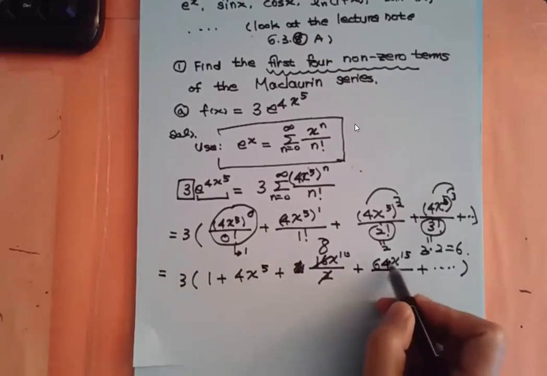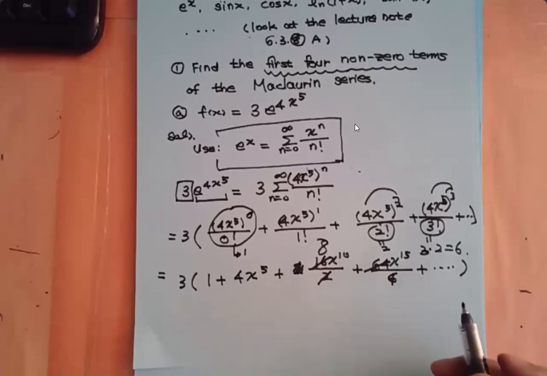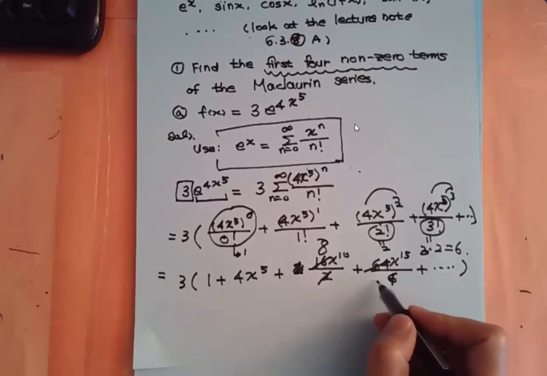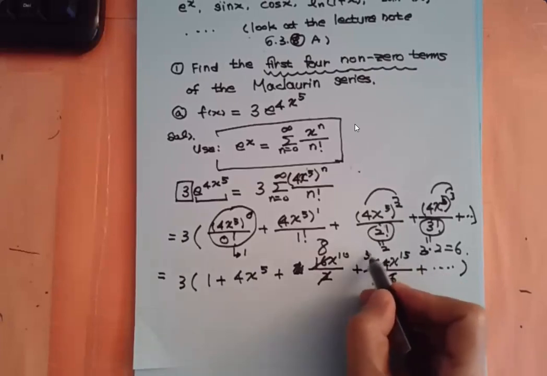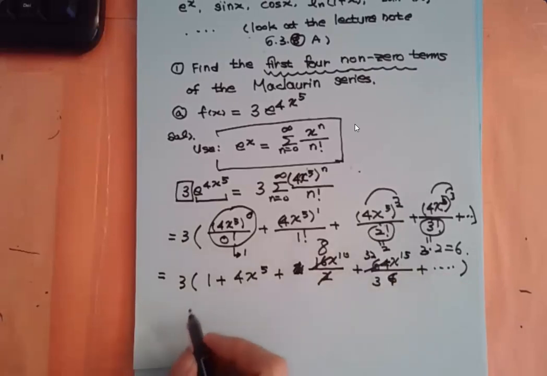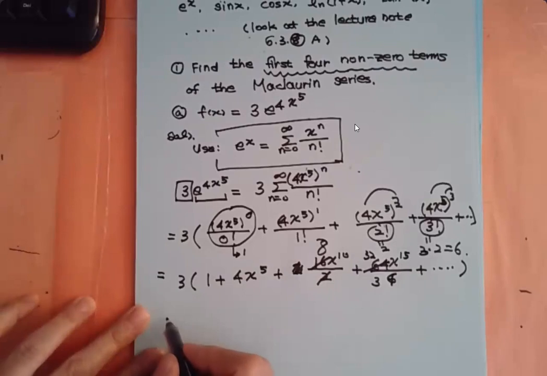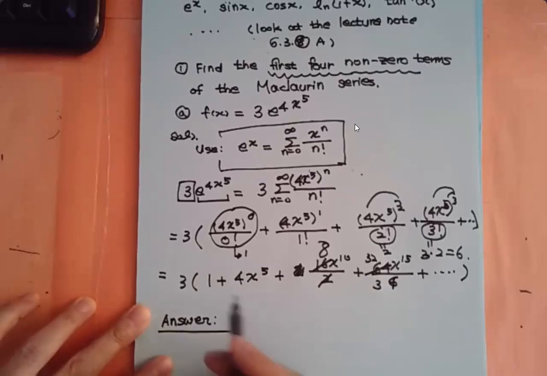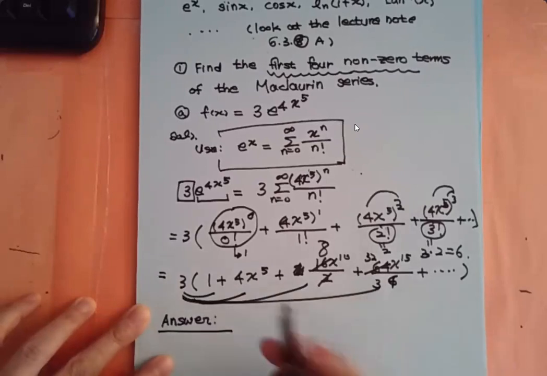And this one is, what is this? 3 and 32, right? So the first 4 terms of the Maclaurin series will be obtained by expanding out this way.